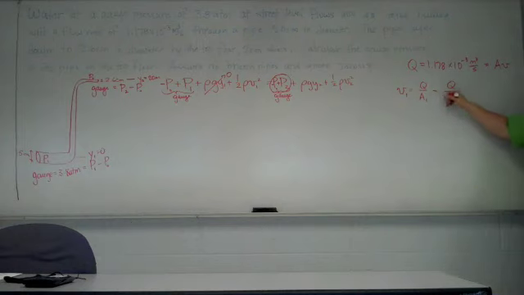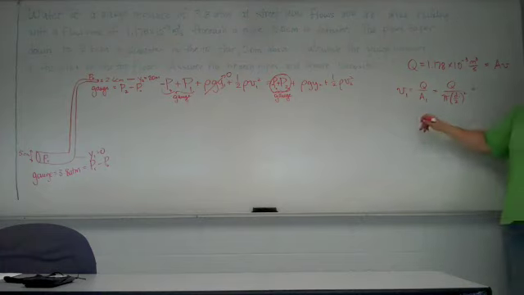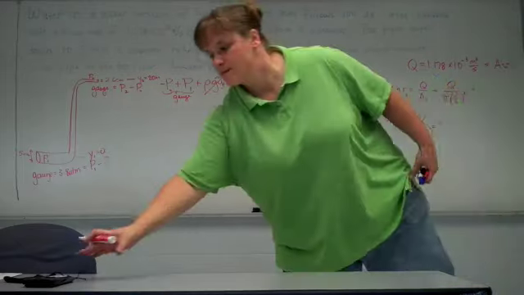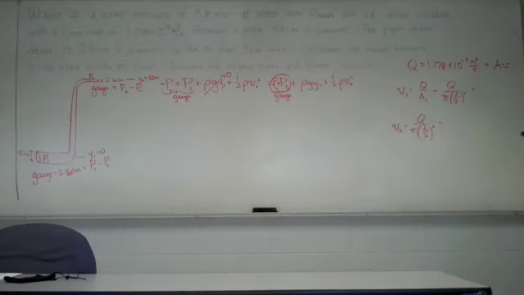A1 is pi radius squared, and we know the diameter, so it'll be diameter over 2, squared. v2 will be similar, only we'll need diameter 2. So for A1, we're dealing with 5 centimeters, so 0.025 squared.